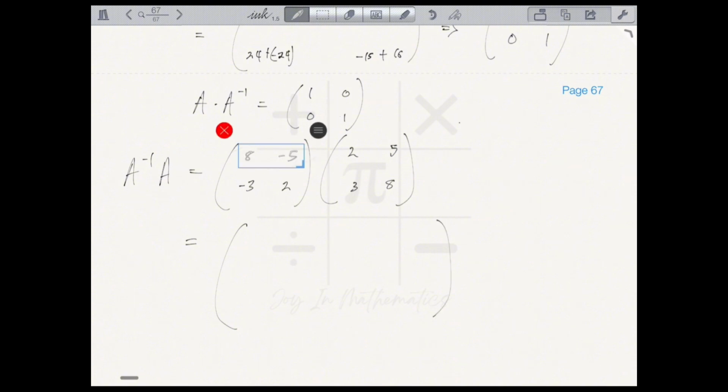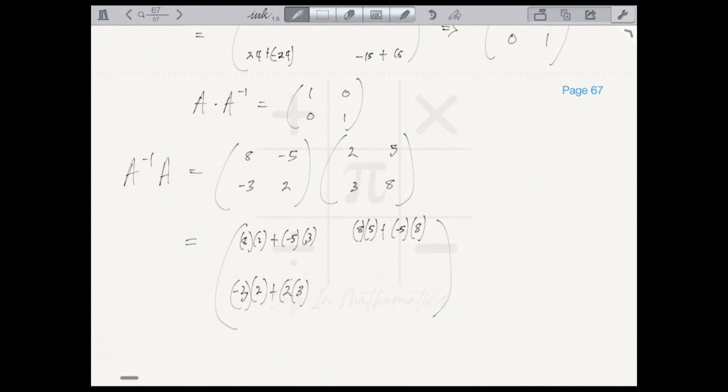So let's begin with row 1 multiplied by column 1. That's 8 multiplied by 2 plus minus 5 multiplied by 3. Now row 1, column 2: 8 multiplied by 5 plus minus 5 multiplied by 8. Next is row 2, column 1: that's minus 3 multiplied by 2 plus 2 multiplied by 3.